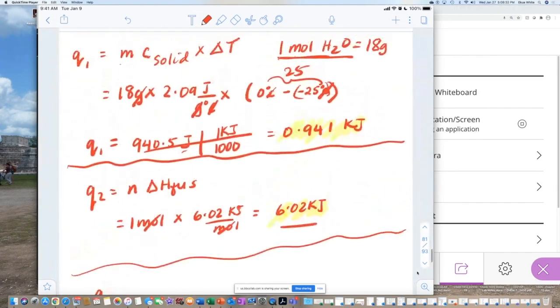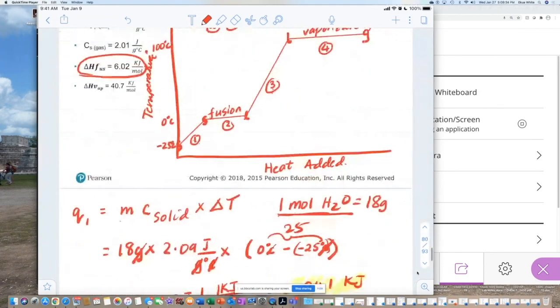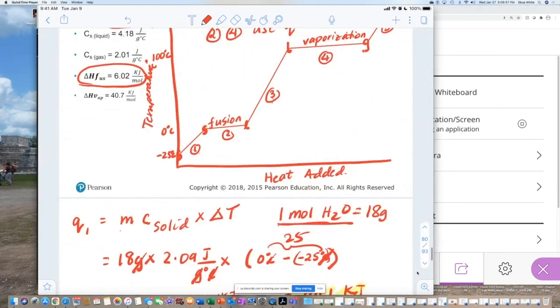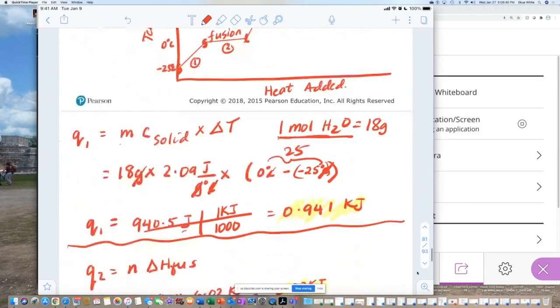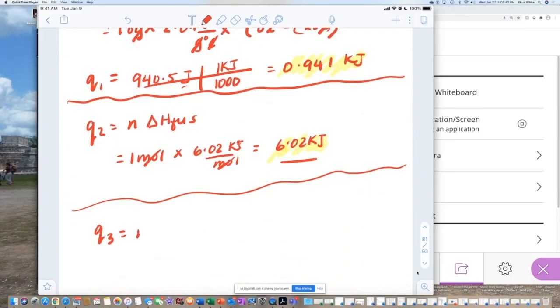Okay, Q3. Where's Q3? Q3, we're going from 0 to 100, right? Oh, but we need to, okay. So Q3, we need to use m, but we need to use c of the liquid. Then we're going from 0 to 100. So the final is 100. The initial is 0, right? Because it's always final minus initial degrees Celsius. So my mass is still 18 grams.